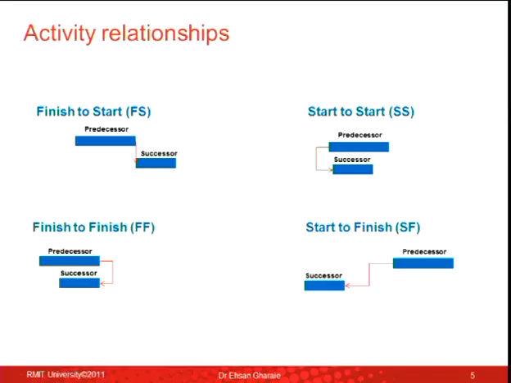And just as a quick recap, start to start is when start of an activity depends on the start of the other activity. Finish to finish is when the finish of an activity depends on the finish of the other activity. So if I'm doing the successor activity, the finish of my work depends on the finish of your work. I have to wait for you to finish, and then I can finish.